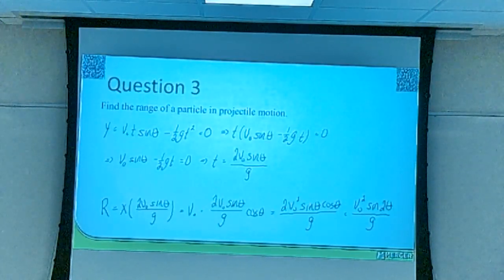There's your range: v naught squared sine 2 theta all over g.